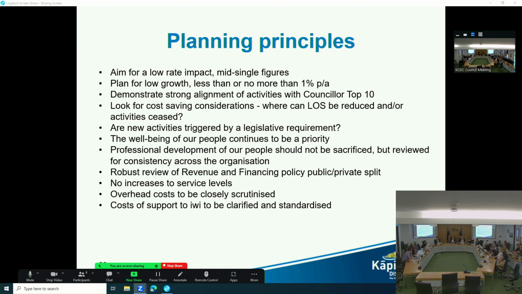As soon as we think we've got something decent to share with you, we will come and talk to you about it, because that is going to give us staff the ranges within which we could comfortably do things without compromising our credit rating, our ability to borrow through LGFA at a decent rate. All of those things are a balancing act, and that's why the financial strategy is so important and why it will have to lead us this time. So just to give you some comfort, we have done some modelling work.